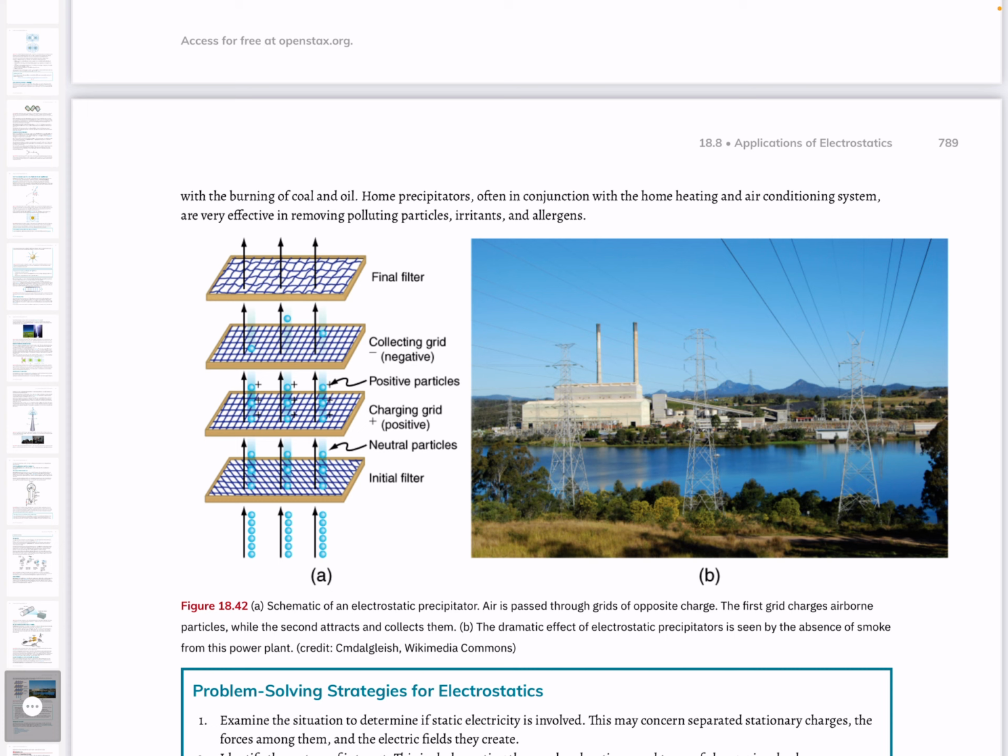Actually, it's a negative charge screen that strips electrons away from the particles. And then those things end up going to this negative screen. And because they've had their electrons stripped, they want to attach to that other screen.